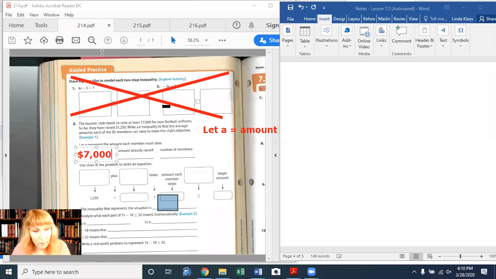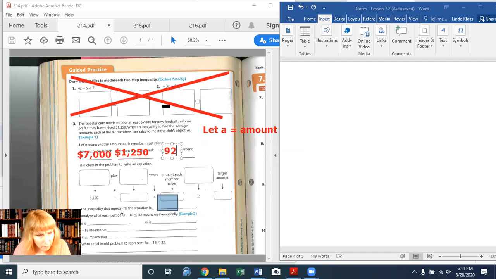And how much has already been raised? Back to the problem. Exactly, $1,250 has already been raised. And how many members are there? Easy peasy, right? 92, right in the problem.